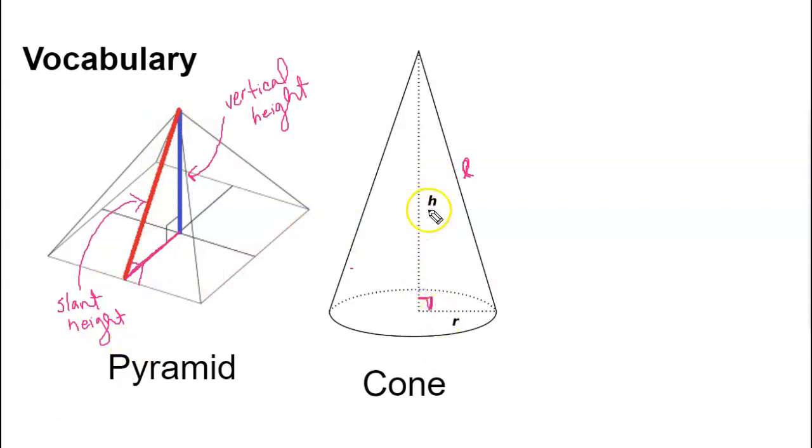So if we know one of the heights and we know the radius of our circle, or half the length of our edge, then we're able to use the Pythagorean theorem to help us find the piece that we're missing. That will be an important skill that you'll want to make sure that you go back and remember. So very rarely do they give you both of those heights. I won't say never, but usually we do end up using the Pythagorean theorem to help us find one of those heights.